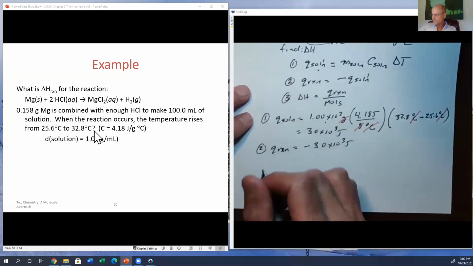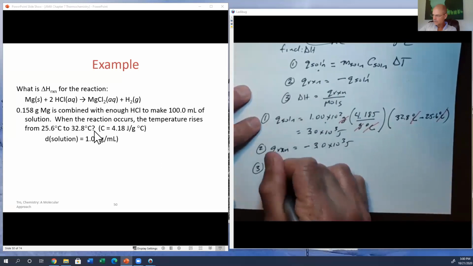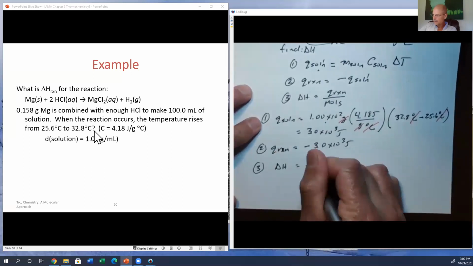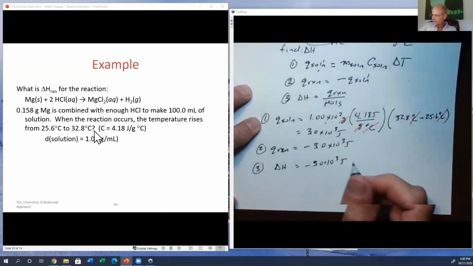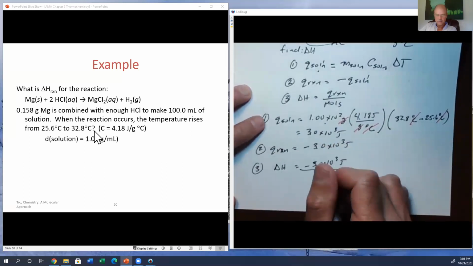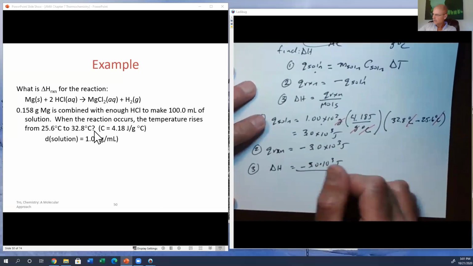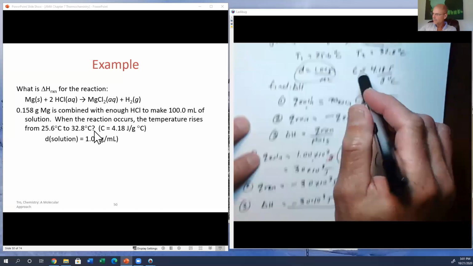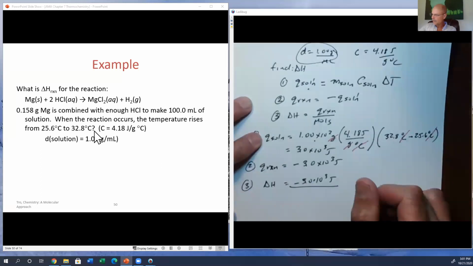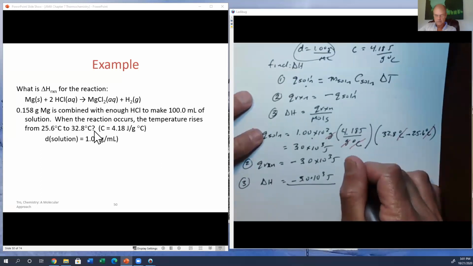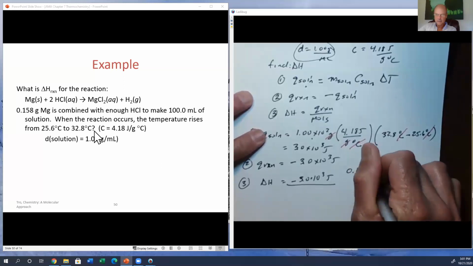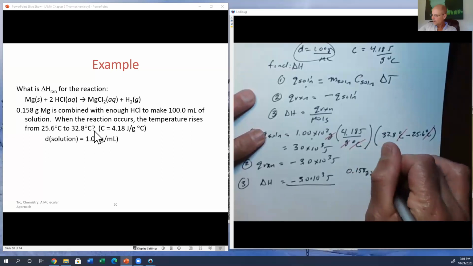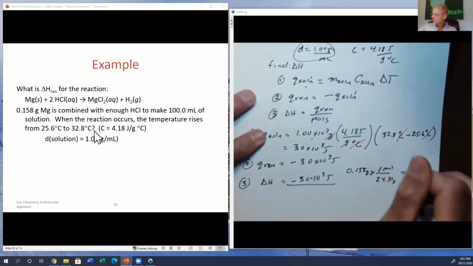And then lastly, the third step, delta H is equal to negative 3.0 times 10 to the 3rd joules, right? Divided by the number of moles. You can figure out the number of moles because we're given the mass, right? The molar mass. So the number of moles is equal to 0.158 grams times 1 mole over 24.31 grams.